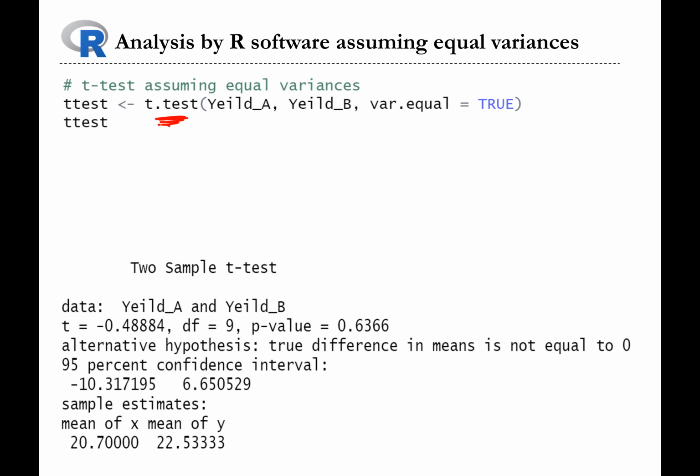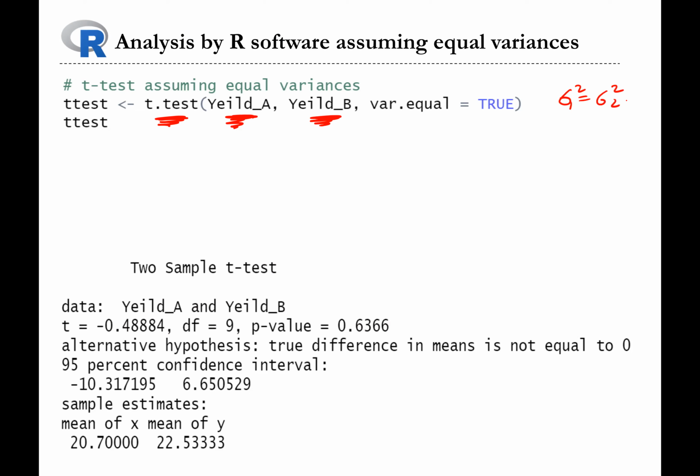This is a t-test function, which can be used to test mu1 equal mu2 versus mu1 greater than mu2, or mu1 less than mu2, or mu1 doesn't equal mu2. So you give the first group of data, the values for fertilizer A, the second group of data, the values for fertilizer B, and we assume sigma1 squared equals sigma2 squared.